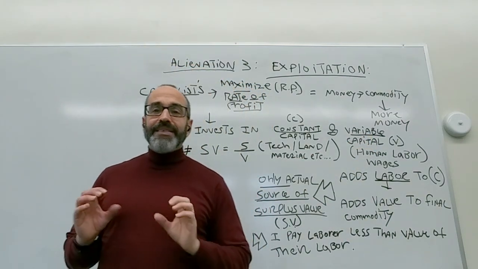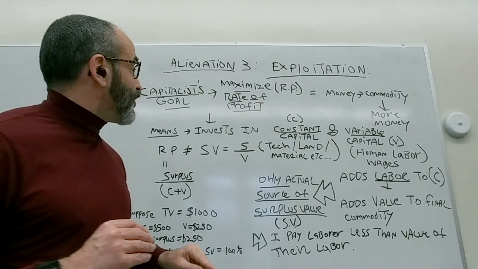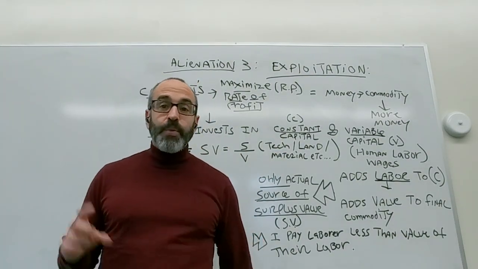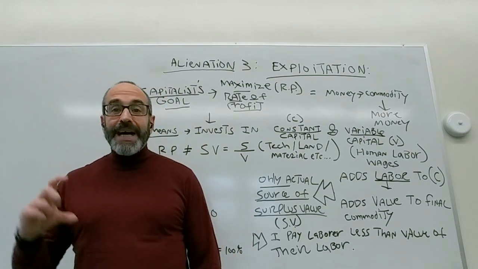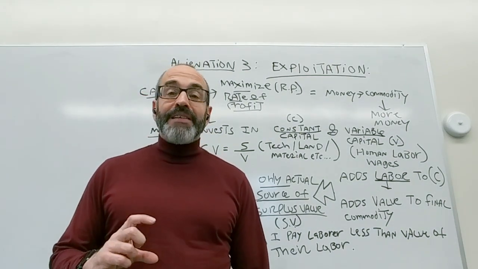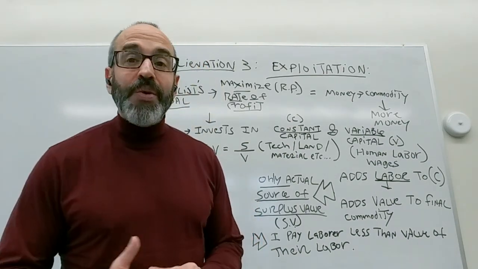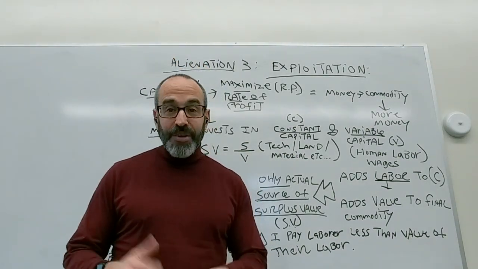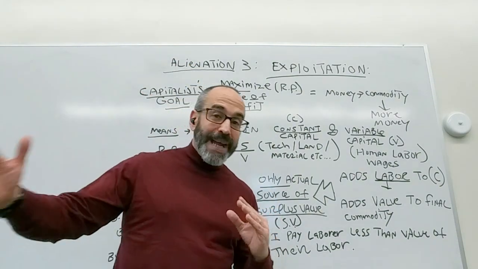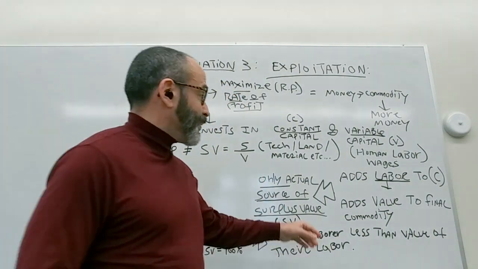Now, why does this add value to the original capital that I put in? Well, it's pretty obvious. Remember what value is for Marx. Value is labor. It's quantity of labor. And so whatever adds labor to a stock, to a bunch of material, transforms it through added labor into something with more value, right?